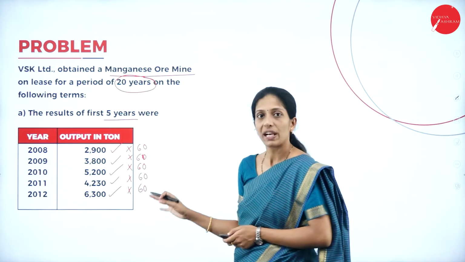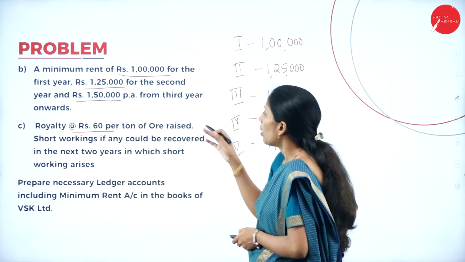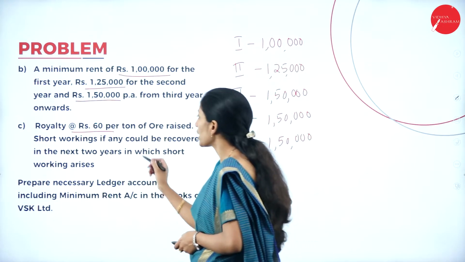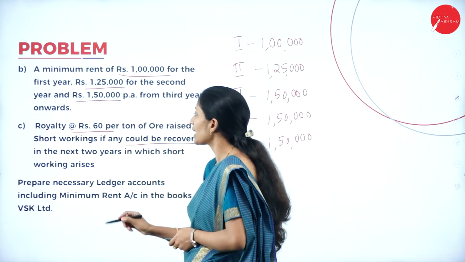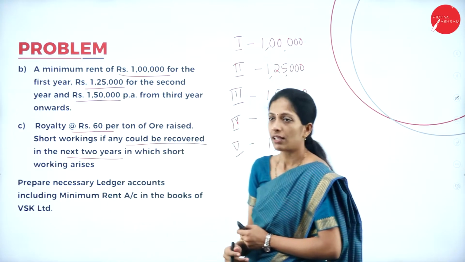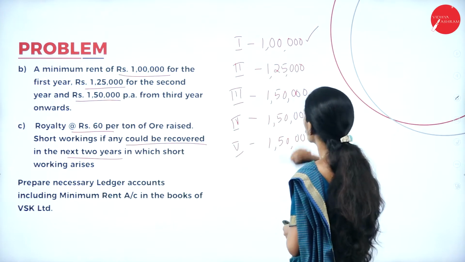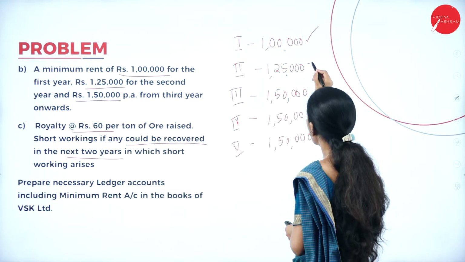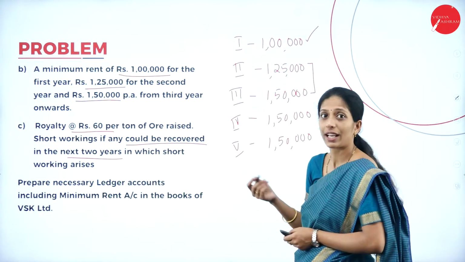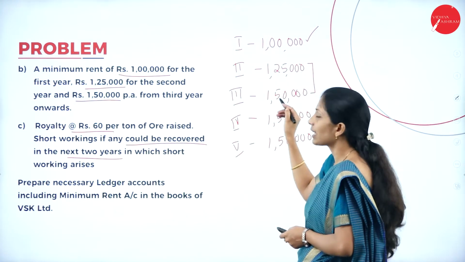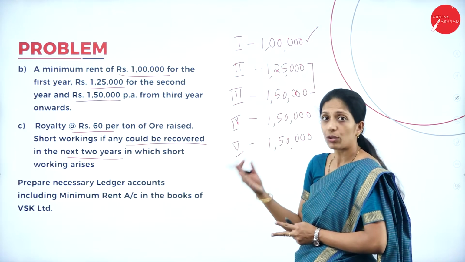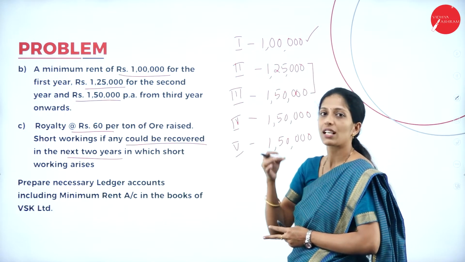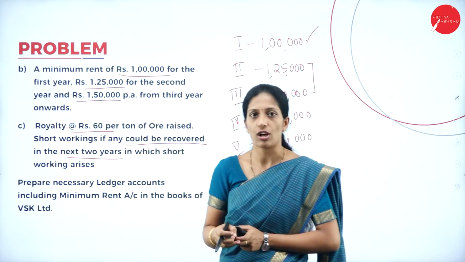That is 60 per ton they have given. Of ore raised, short workings, if any, could be recovered in the next 2 years. In the sense, in the first year, if they have incurred short workings, then they have time of next 2 years. So, they can recover either in the second year or in the third year. If they couldn't recover, so that short workings will be transferred to profit and loss account.